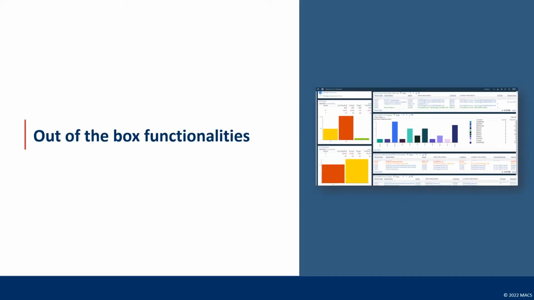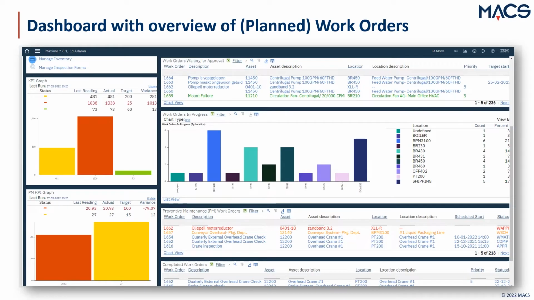So let's start with the out-of-the-box planning and scheduling functionalities of IBM Maximo. And of course, one of the first things I want to tell you about today is the start centers. We all use start centers, and start centers are really good to give us an overview of all the work that we need to perform or that we need to take a look at in one overview.